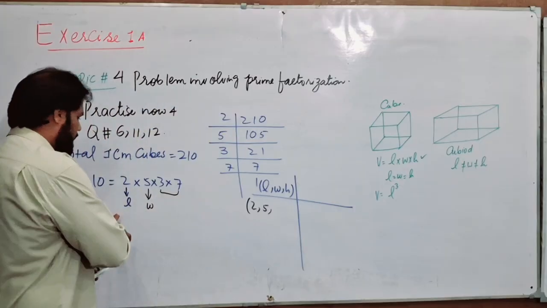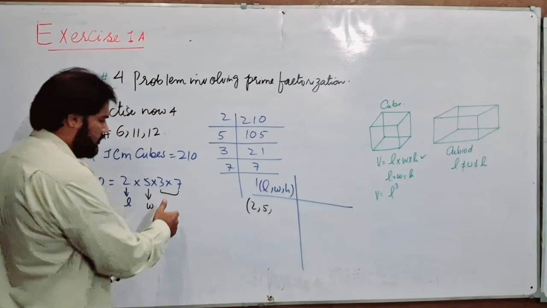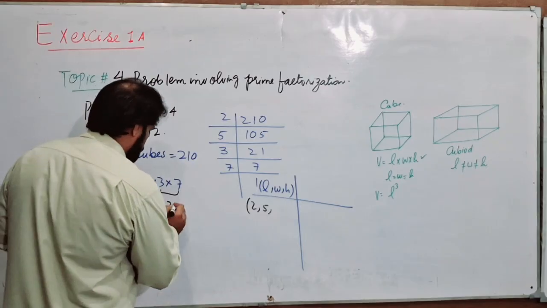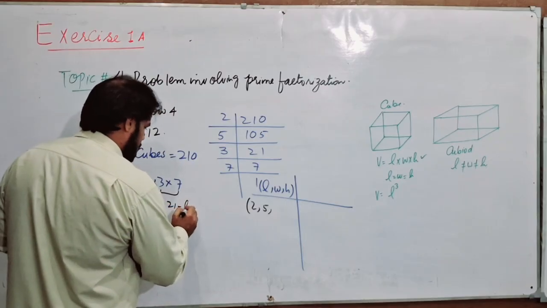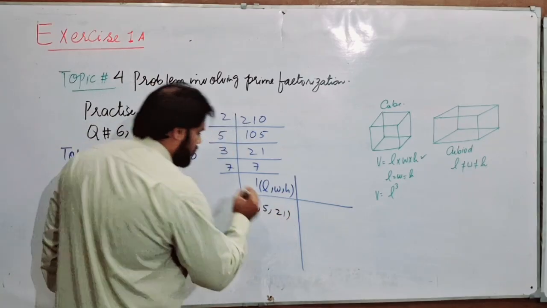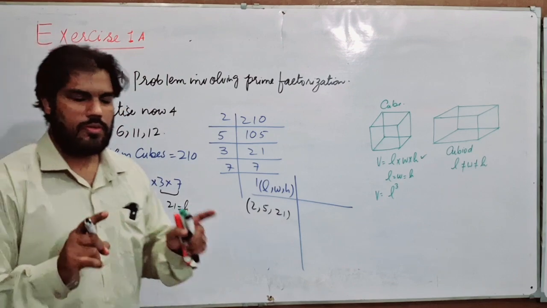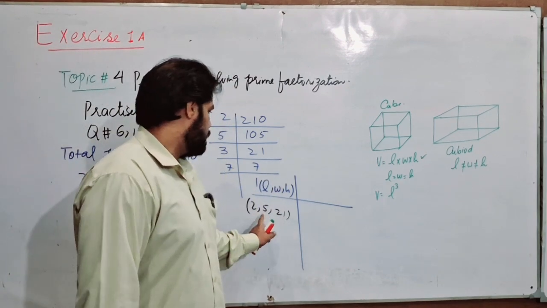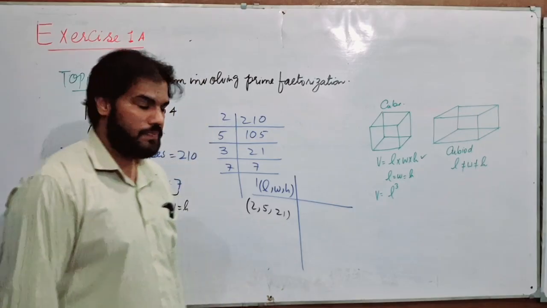If you take the first number as length, second as width, third one will be the product of the last two, 3 into 7, 21. This will be your height. So this is the dimension of the first cuboid. Its length is 2, width is 5 and height is 21.